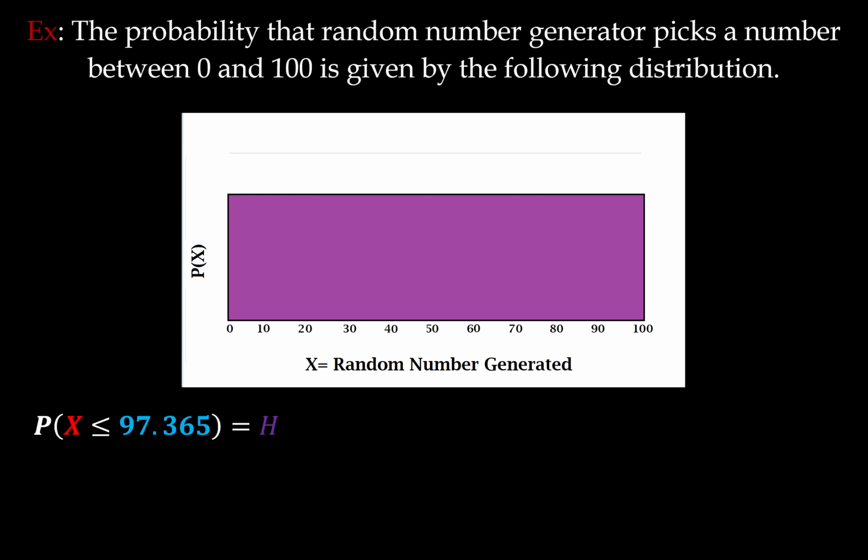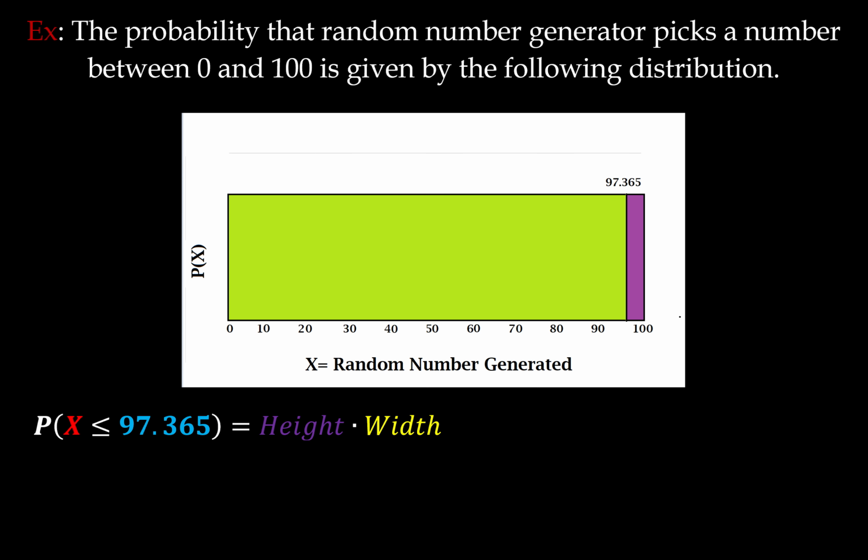For instance, I can find the probability of the number generated being 97.365 or less by taking the area of this rectangle. To take the area of this rectangle, we are missing one critical piece of information. We don't know the height of this rectangle, but we can figure it out. Remember what the sum of the total area should always be. It should always equal 1.